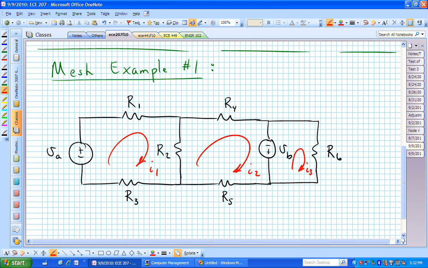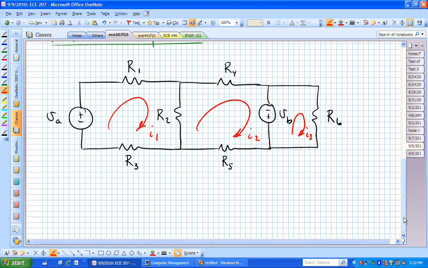Then we would have three unknowns, instead of having to worry about all of these different nodes that we might encounter if we tried to do nodal analysis on this particular problem. There are quite a few nodes there, and that would result in a higher dimensional problem to solve in terms of finding currents and voltages in that system.